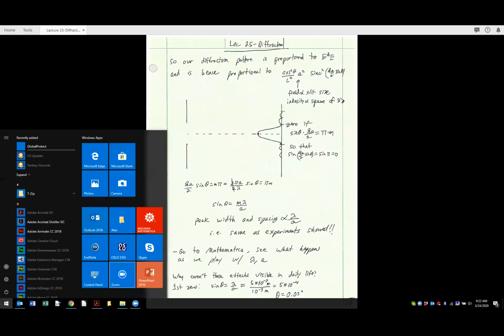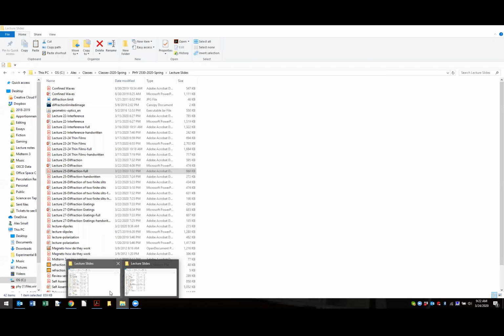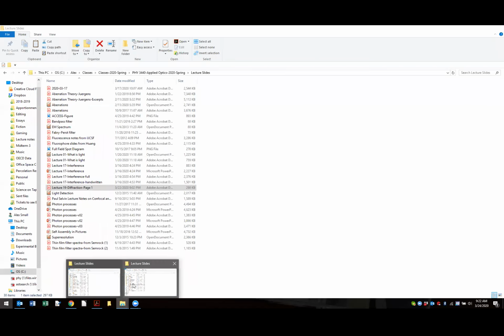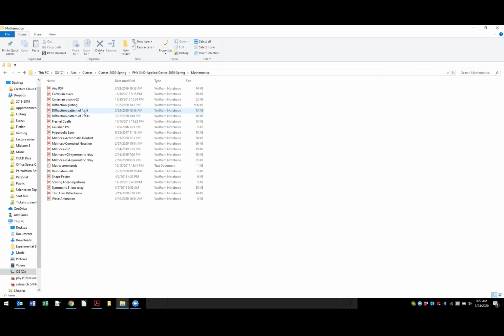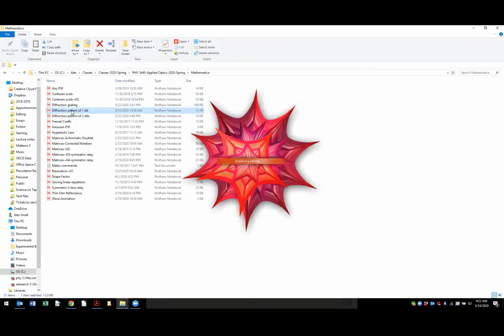So let's switch to Mathematica. I have posted these Mathematica files on Blackboard if you want to follow along at home. All right, diffraction pattern of one slit.